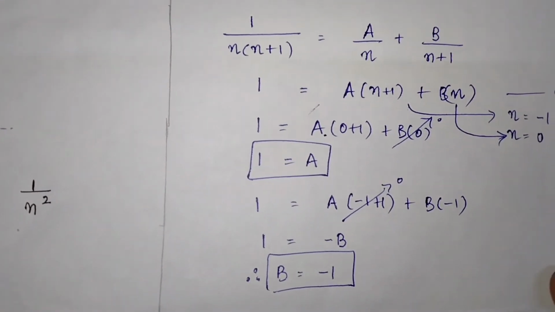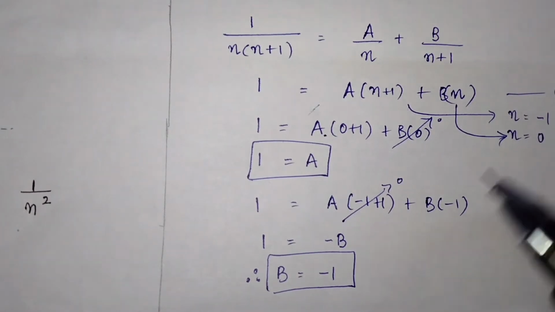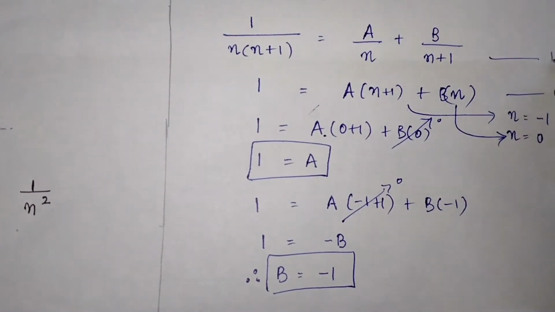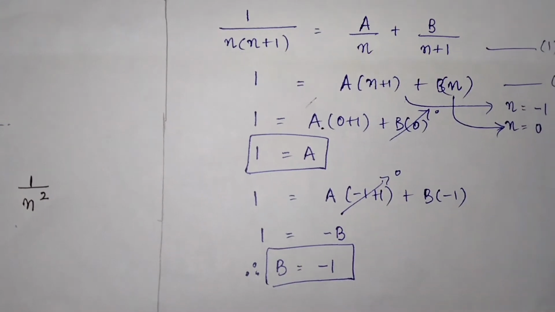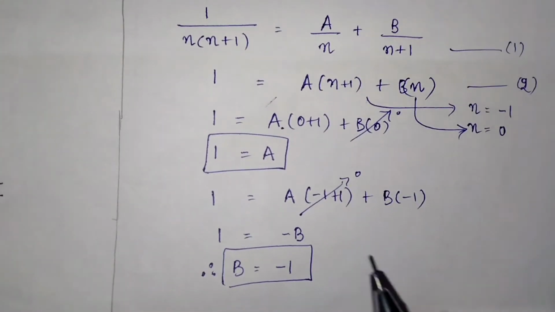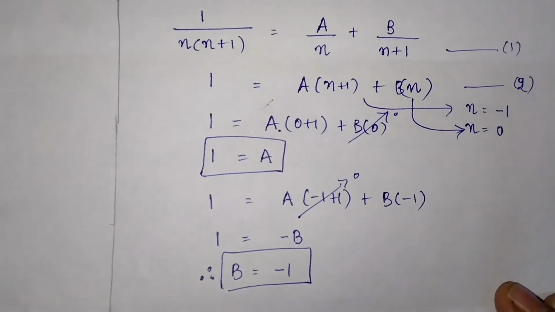So we got the values of A and B. Now if we substitute this A and B in equation 1, and this is equation 2, we can rewrite this equation as A equal to, what we got?